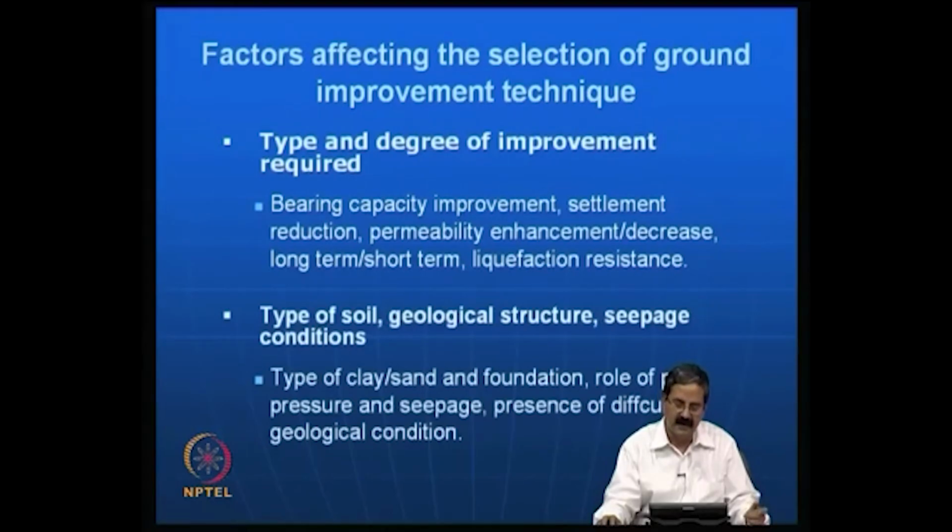Are you looking at bearing capacity improvement? Are you only looking at settlement reduction, or permeability enhancement? Say, for example, you would like the permeability to be increased so that there is good drainage. Is that what you want, or do you not want the permeability to increase at all?